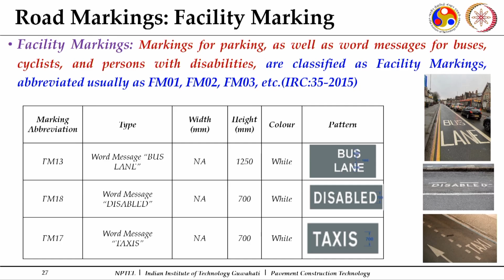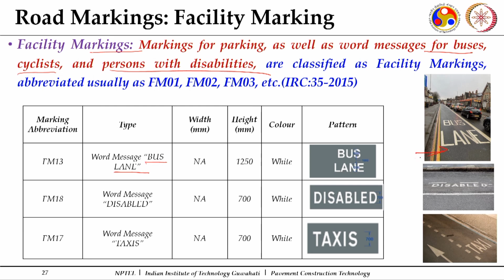And the last one is facility markings, which give information through word messages for buses, cyclists and persons with disabilities. So if a dedicated bus lane is there, it can be written as a bus lane. So it is a facility, it is a bus lane.